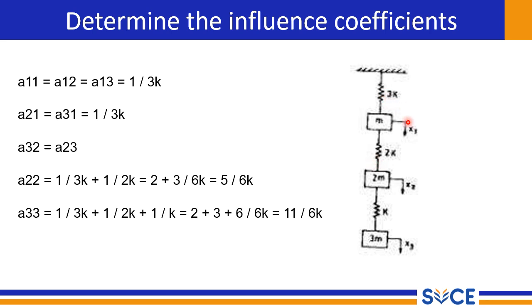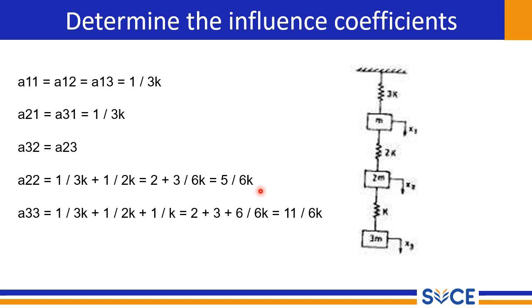Since the springs are connected in series, we use 1 by 3K plus 1 by 2K to get the equivalent flexibility. So, the total deflection of the second mass will be the summation of the extensions of these two springs. The extension of the top spring is 1 by 3K, the extension of the middle spring is 1 by 2K. Adding these together, we get and simplify to 5 by 6K.